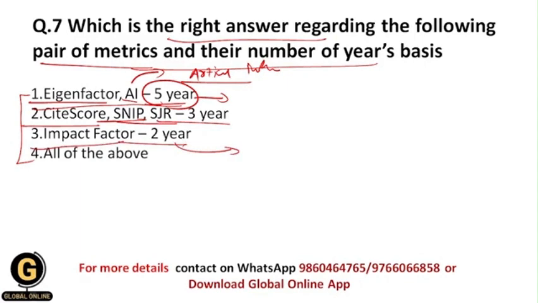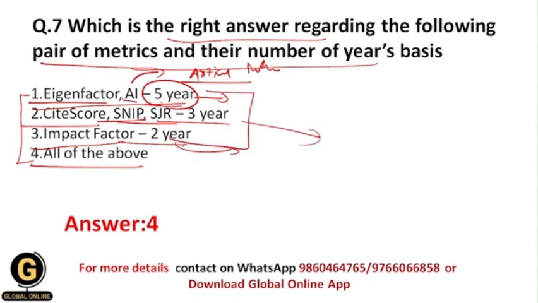So here it means that impact factor tracks the citations for the preceding 2 years, and all of the above. So students, if we see all of these options, then you will understand that your correct answer is all of the above, because all of these options are correct. Eigenfactor and Article Influence track citations for the preceding 5 years, and this is true.